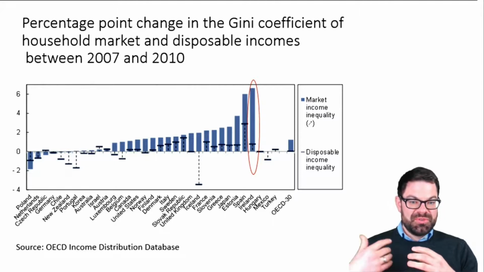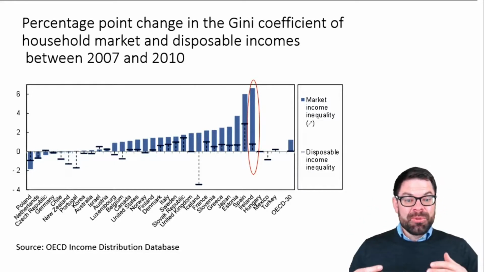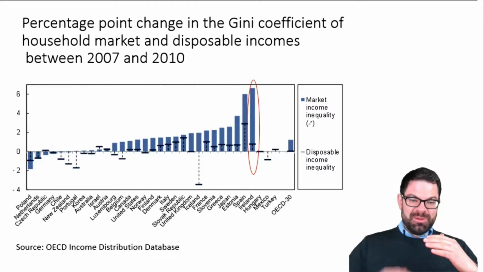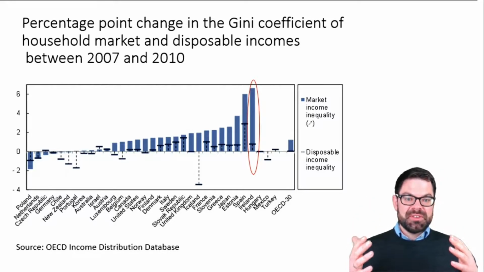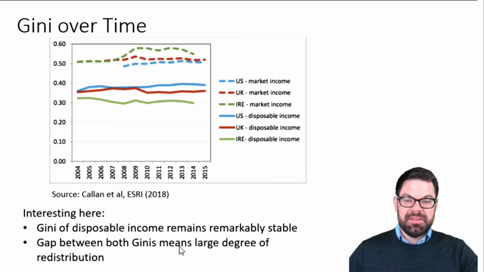Okay, so obviously incomes went down for everyone during that time, but it was not that the disposable income went rock bottom for those people who lost their jobs. So they were actually cushioned very much against that shock, which obviously is a very positive thing.